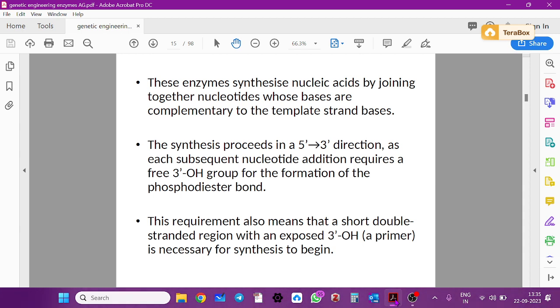For example, if you take the structure of glucose, this is the first carbon, this is the second carbon, and this is the third carbon. In ribose sugar, this is the OH which is the target.